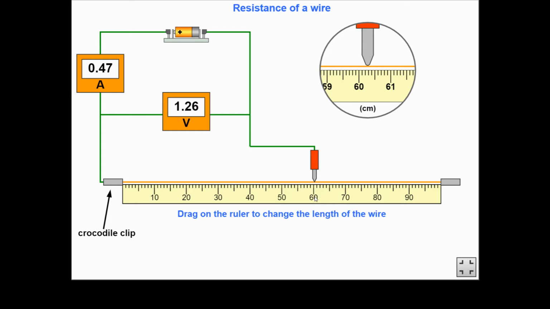And 60. That's not actually on 60, is it? I need to be on 60, please. Oh, it's really hard to get that. It doesn't want to sit back on 60. Okay, so 60 centimetres, and we've got 1.26 and 0.48. 80.